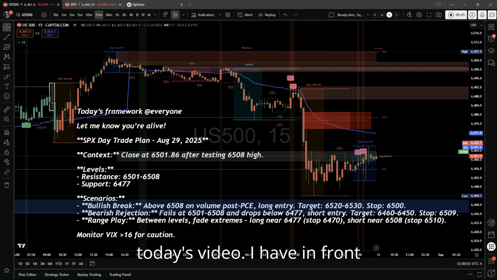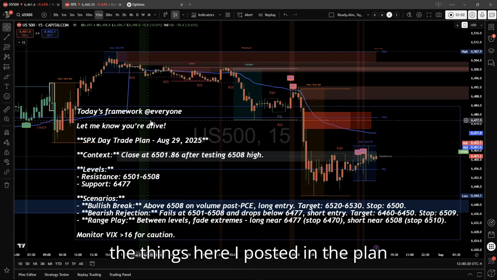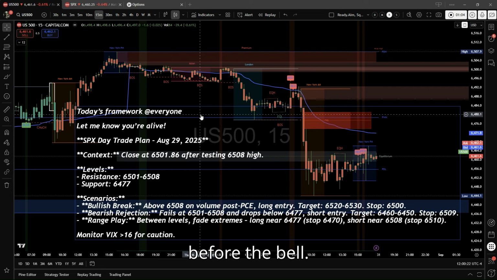I have in front of us here a US 500 15-minute chart tracking the SPX 24-hour session overnight. And I'm just going to highlight some of the things here. I posted in the plan before the bell.